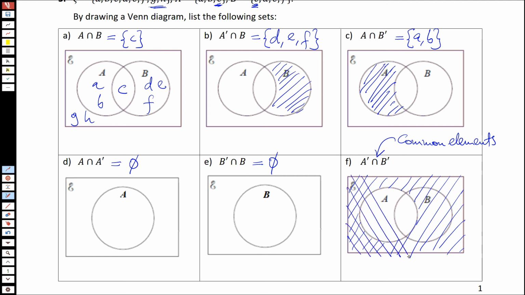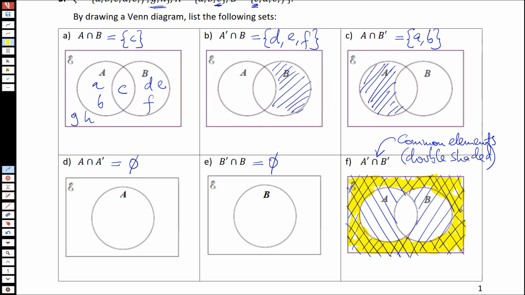That is what is outside B. Now, if you're looking for the region that is common, so common here will imply the region that is double shaded. So the region that's double shaded will be this region. If you notice by inspection, the way I shaded, this region is the region that is double shaded.